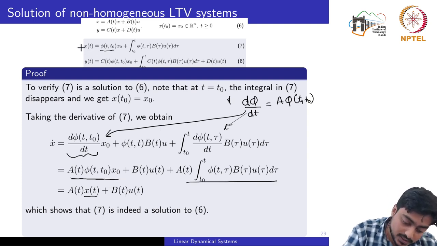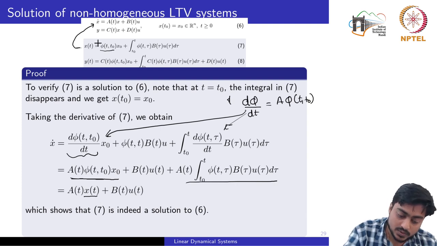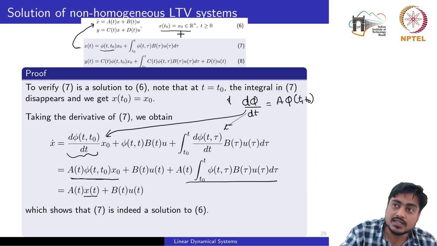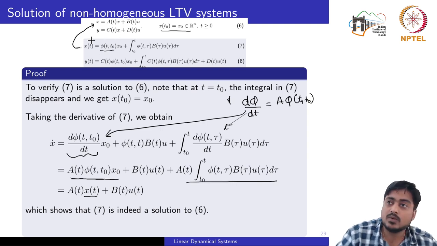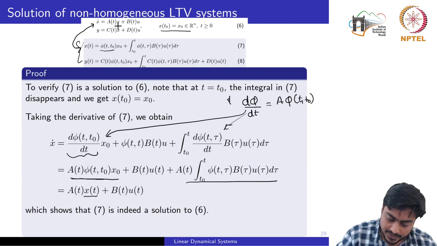So when we put this solution into the left hand side of this equation, it becomes equal to the right hand side, meaning that this solution satisfies this equation, plus it satisfies the initial condition as well. Simply, if I put this x of t in the right hand side, it would become equal to the left hand side. So we can say that this x of t and u of t is basically the solution of this linear time varying system.